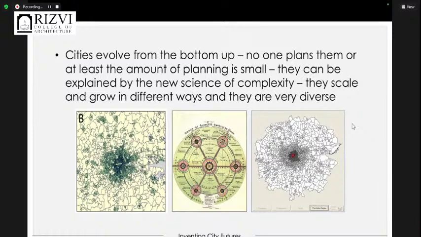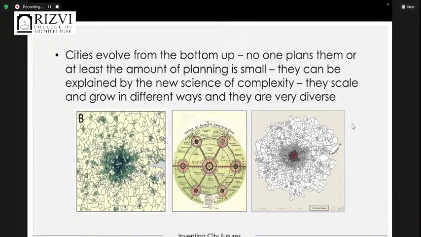As cities get bigger, they change qualitatively. An excellent example of that is that you do not find subways and transit systems in cities that are less than about 3 million people. There are probably one or two exceptional examples, but generally speaking, probably China is the place to look at in terms of transit systems, because once cities reach 3 or 4 million, then they can afford a transit system.